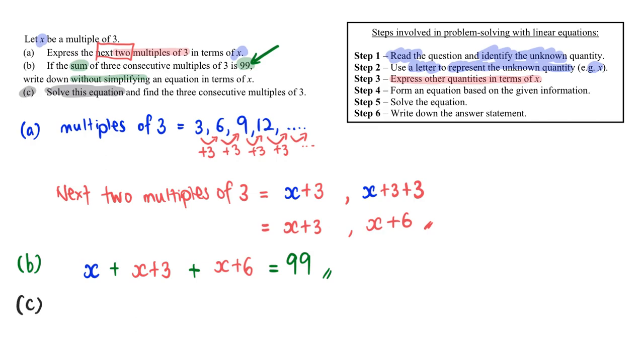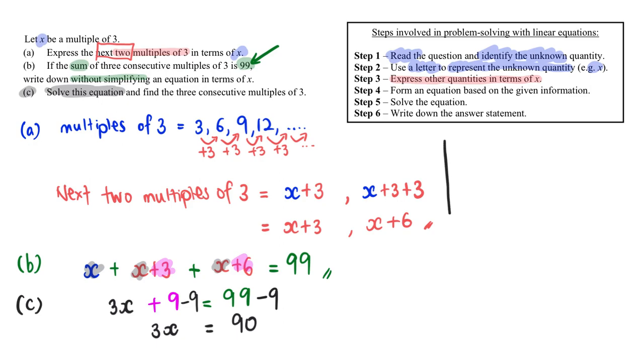So I will have x plus x plus x, 3x, plus 6, positive 9, continue to be equal to 99. And therefore, from here, I'm going to minus 9 on both sides, so that I'm only left with 3x here. Here will be 90.